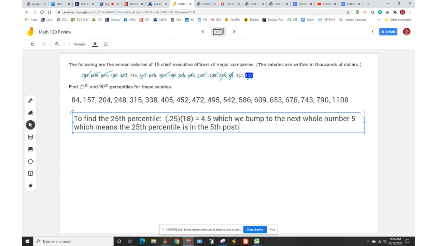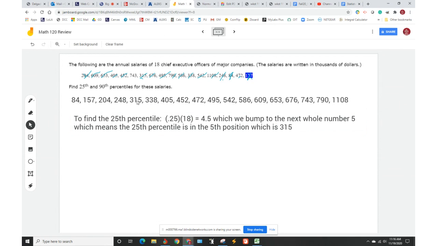Now, because we need it to be a whole number because we're looking at the position, so 1, 2, 3, 4, 5. Okay, so what that means is right here, when we get to 315, that means then we've got it broken down into quarters.